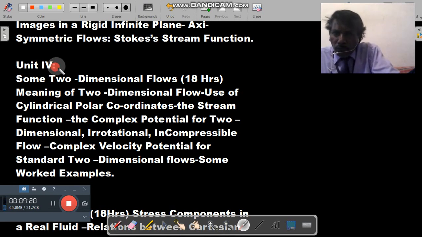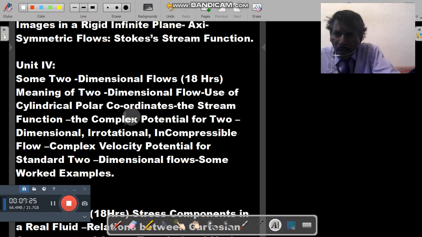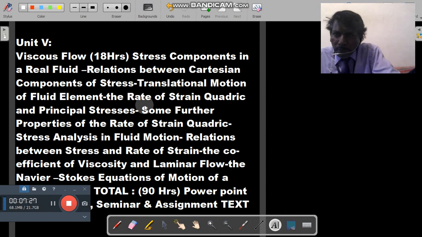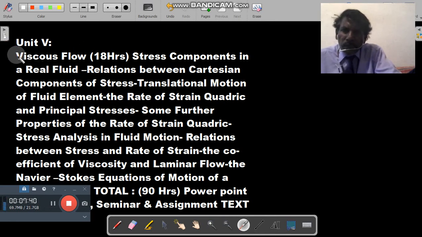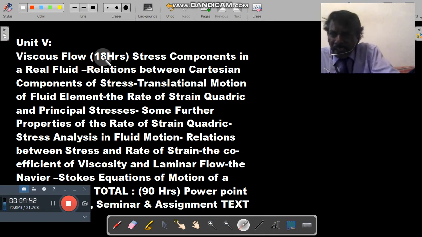Now, finally, unit number 5 is about viscous flow. Again, 18 hours are needed to complete this topic. What is viscous flow? Stress components in a real fluid.